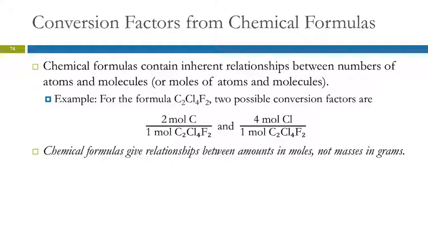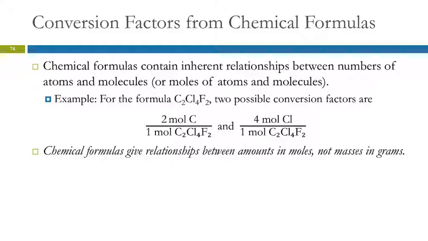There are also conversion factors that we can get from the chemical formula. The chemical formula gives us a relationship between how many atoms of this to how many atoms of that. It does not give us mass relationships. It gives us relationships between amounts in moles or particles. Right?